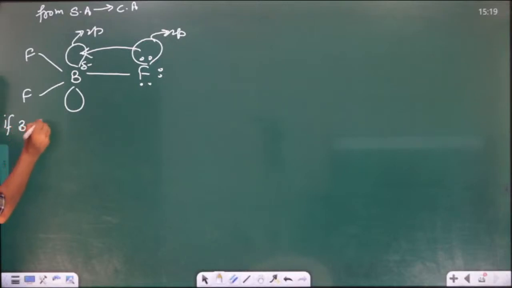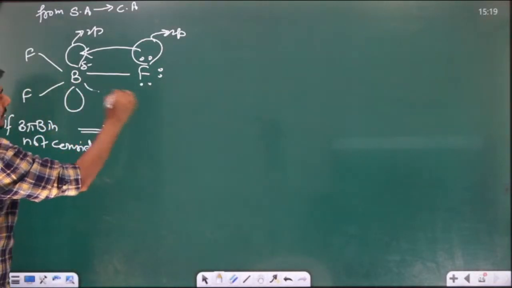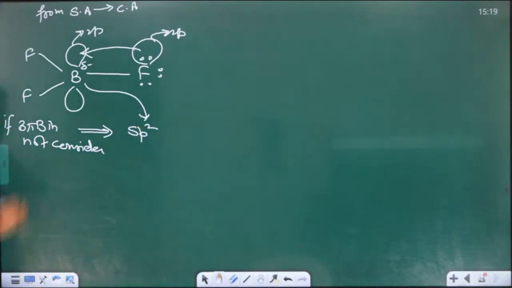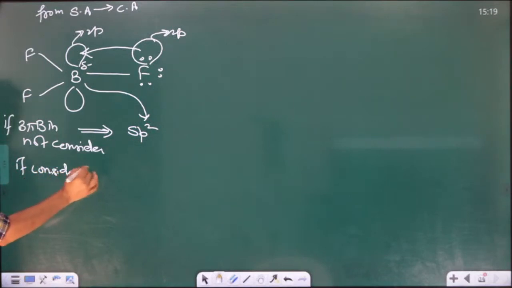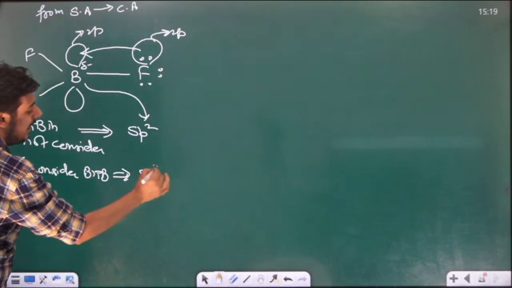back pi bonding is not considered, if I do not consider back pi bonding at all, I will say that the initial hybridization of boron was sp2. And if I consider back pi bonding, then also its hybridization is sp2.